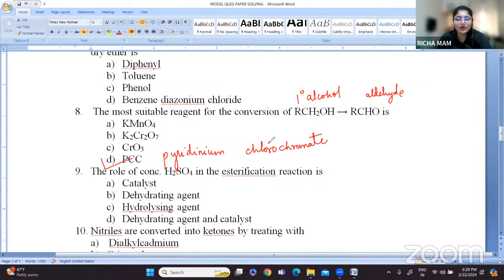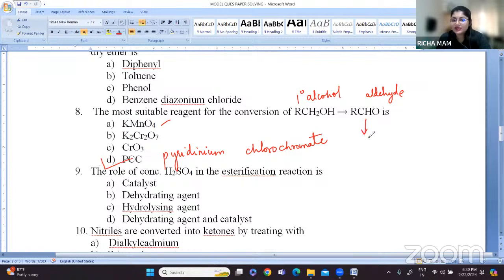When we make use of KMnO4, KMnO4 is a strong oxidizing agent. Then potassium dichromate is also a strong oxidizing agent. Then chromic acid is also an oxidizing agent. When we talk about chromic acid, what it will do is oxidize the aldehyde further to carboxylic acid.